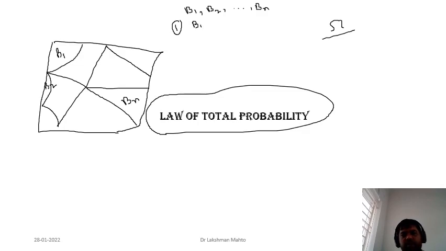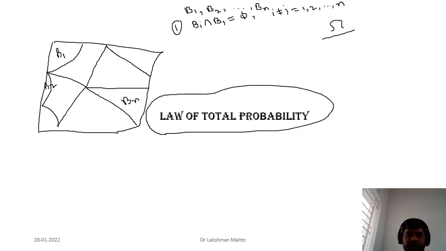If you take any two of these events, these two members happen to be mutually exclusive. That means Bi intersection Bj is empty for all i not equal to j, varying from 1 to n. So you can say that the Bi's are pairwise disjoint or mutually exclusive.